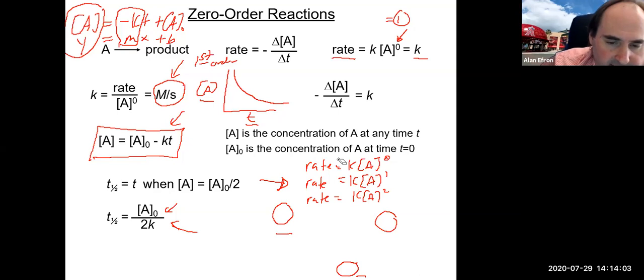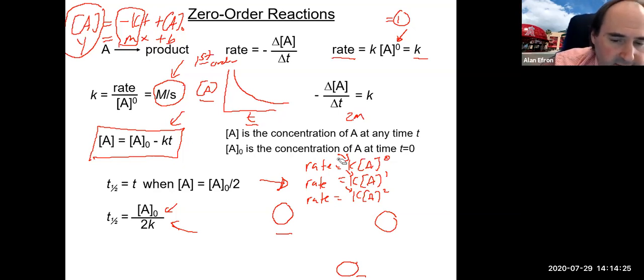Let's assume for the sake of this argument that k is the same for all of them, and [A] here is the same value for all of them. We'll call it 2 molar, for example.